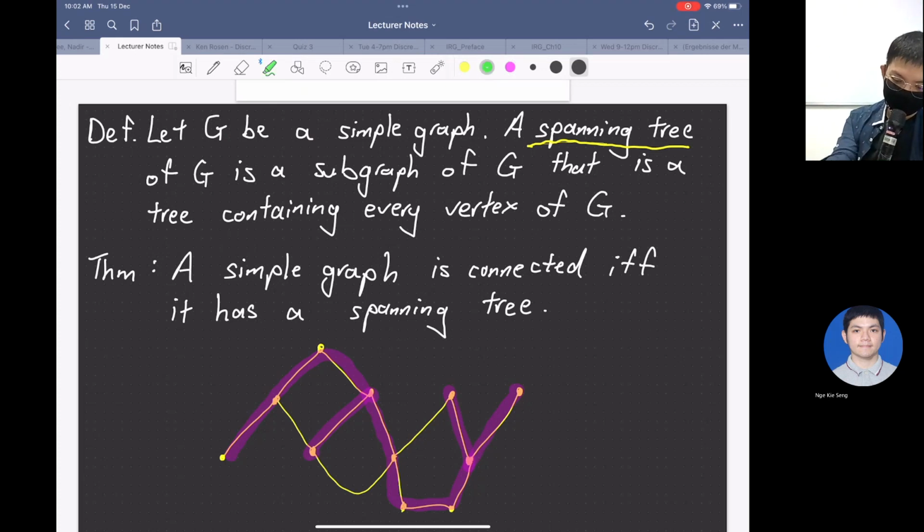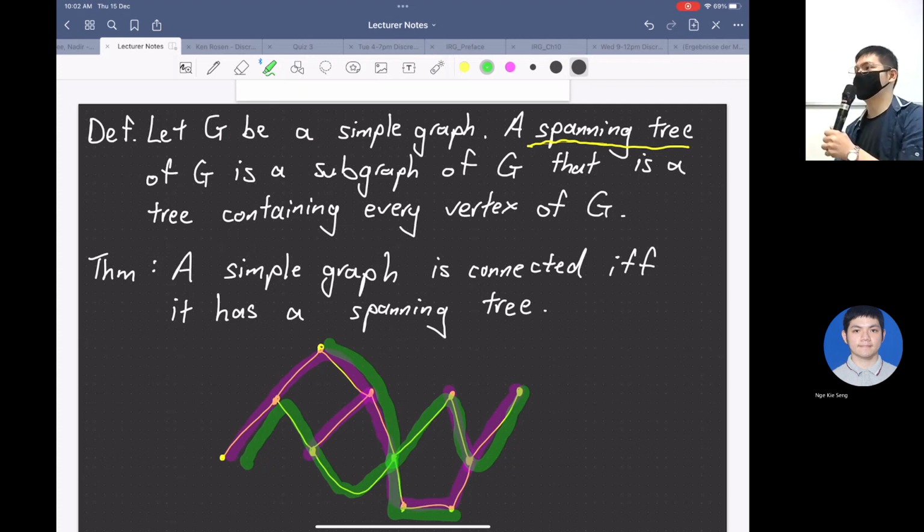There are different spanning trees you can pick, right? For example, you can pick this. You also can pick this. These are two spanning trees, as long as you contain all the vertices and they are connected, with no simple circuit.